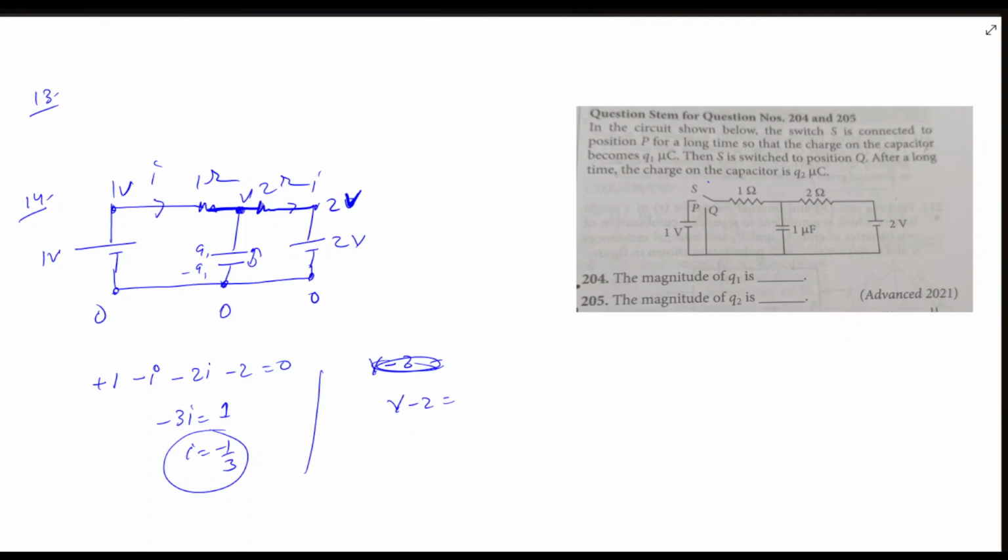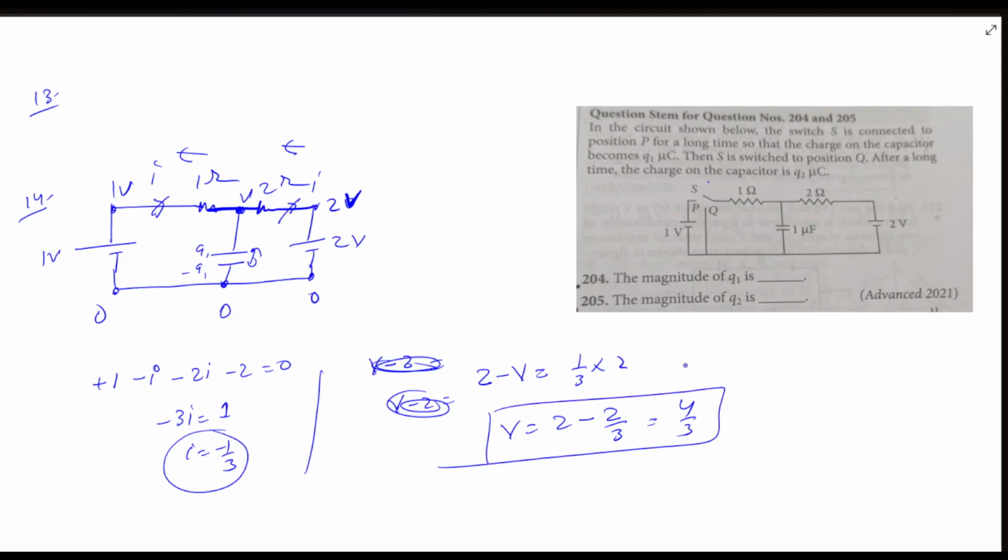So the current is in this direction. The current is in this direction, that means this must be at high potential. We can write 2 minus V is equal to 1 by 3 into 2. So we get V as 2 minus 2 by 3, which is 4 by 3. So we get V as 4 by 3.